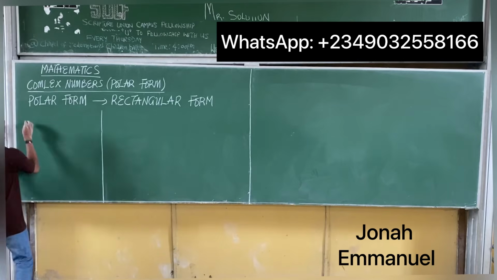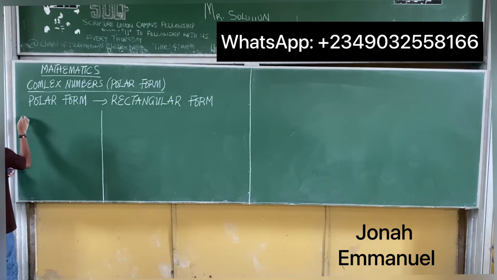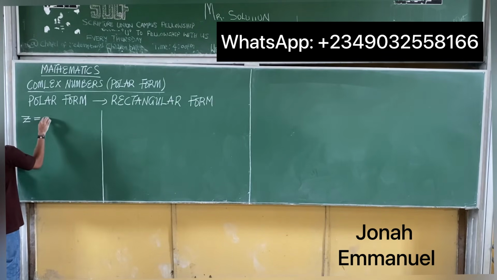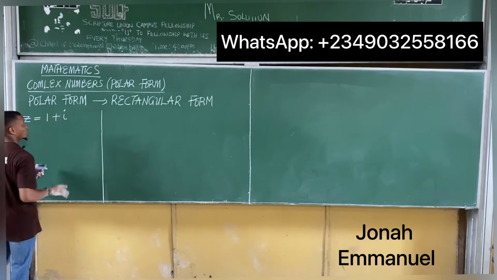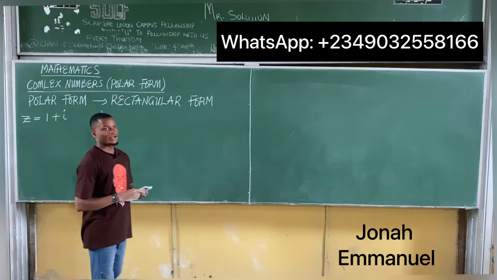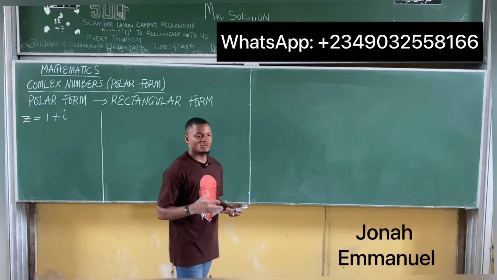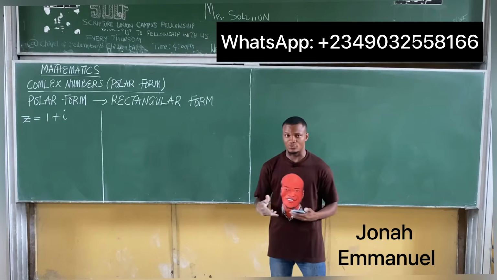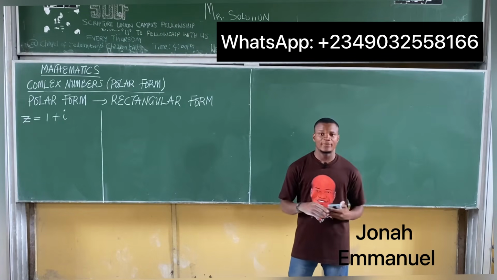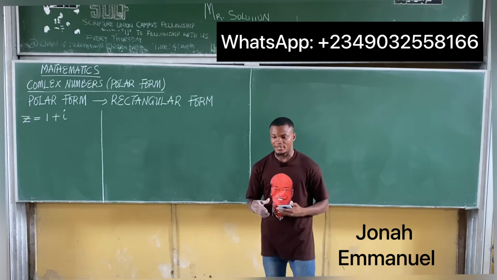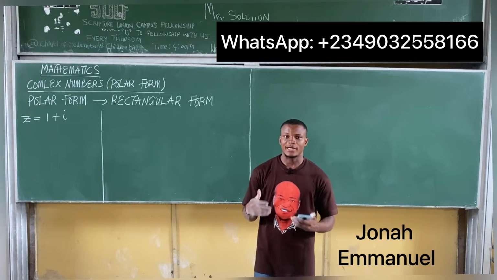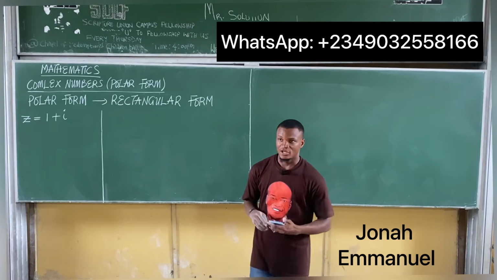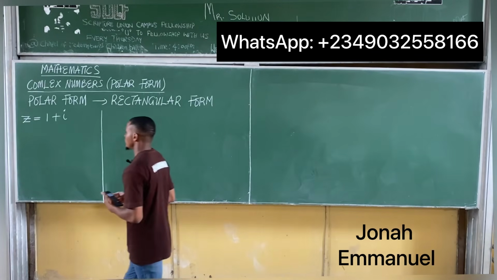If a complex number z in rectangular form is equal to 1 plus I, for instance, to convert this to polar form, we need to find two things. The first one is the magnitude or the modulus of this complex number. The second one is the amplitude or the argument. First, let's find the modulus.